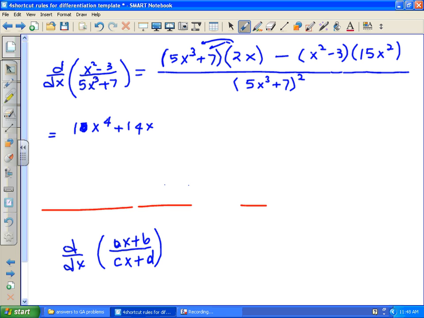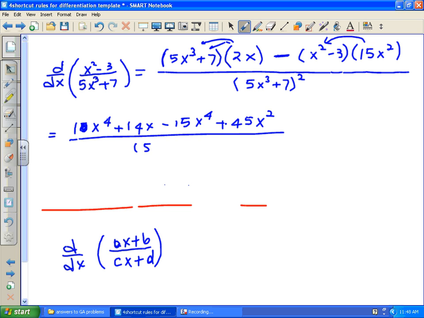The 15x squared, consider this like negative 15x squared because there's a minus here. So negative 15x squared times x squared, that's negative 15x to the 4. And then negative 15x squared times negative 3 is plus 45x squared. Everything over the same denominator squared. Basically, that portion I'm actually just copying over from the previous step. We already squared it. So we just copied it over.